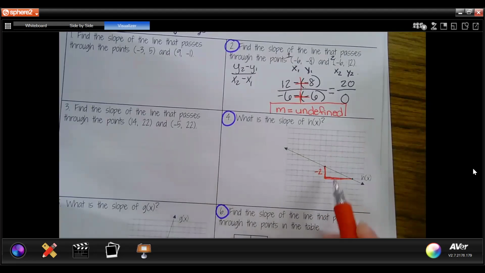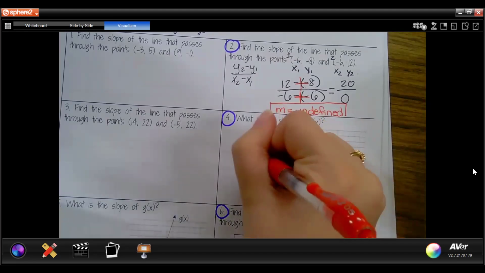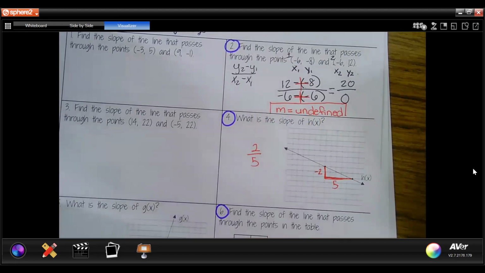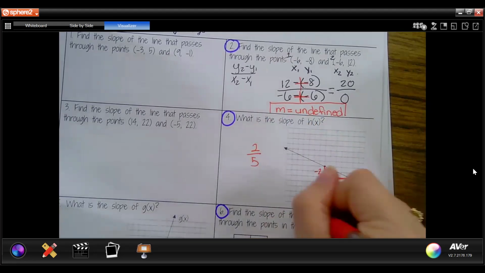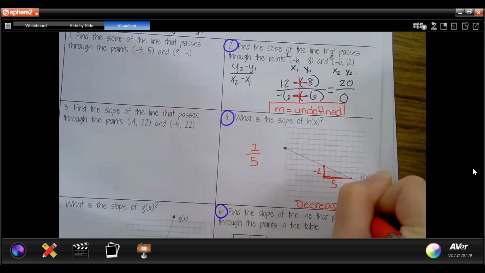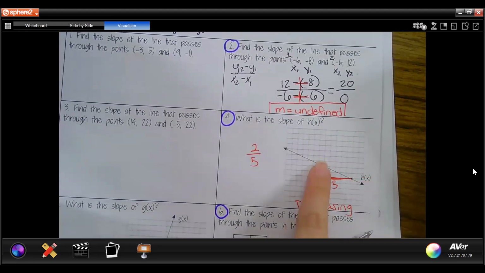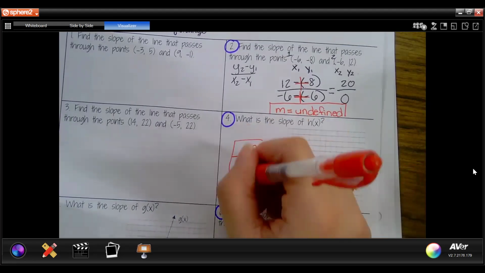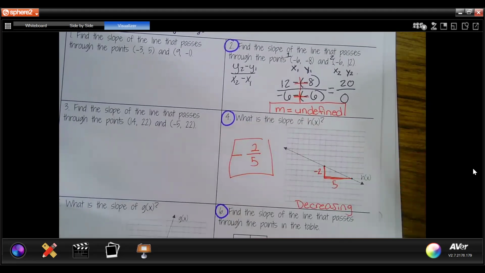So if I did rise over run, it would be 2 over 5. And notice this line is decreasing again. And that is why I put a negative here, because it's going down and then to the right. So our slope is -2/5.